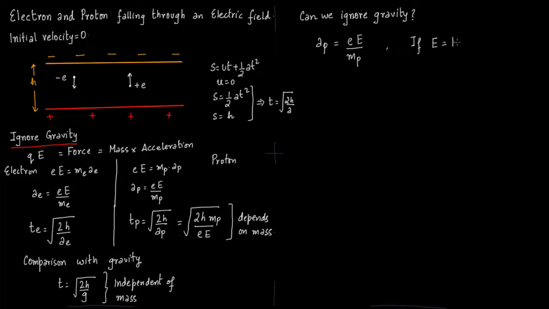If the electric field is, say, given to us as 1.1 Newton per Coulomb, so that is the unit of electric field, we will come to it in a bit. Small e, we already know, is 1.6 times 10 to the power of minus 19 Coulomb. The mass of the proton is 1.67 times 10 to the power of minus 27 kg.